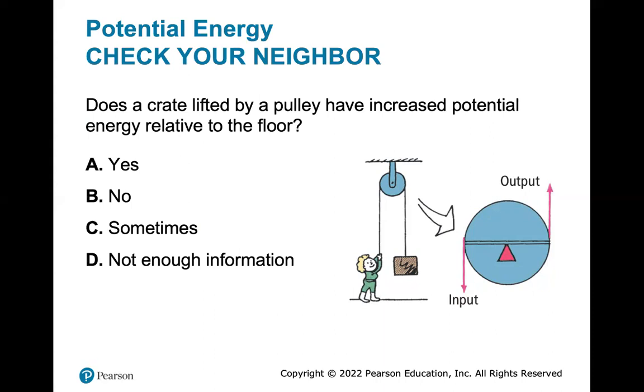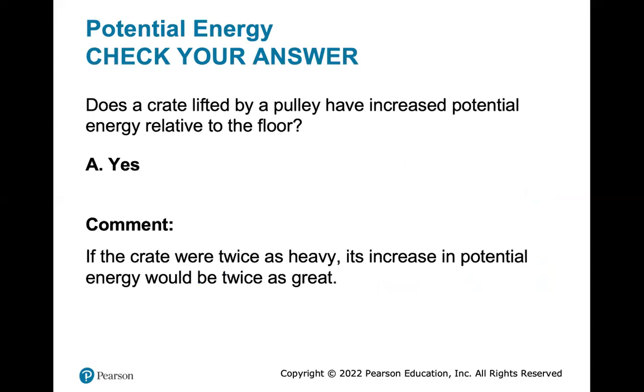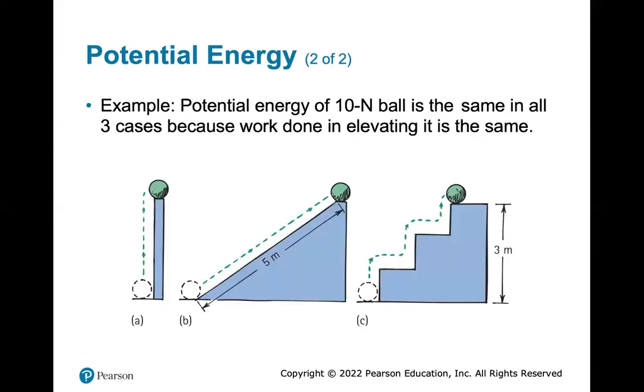So the answer is yes, when you lift a crate above the floor, it does have potential energy. If the crate were twice as heavy, its increase in potential energy would be twice as great. If the mass is doubled, then mg is doubled, and so mgh is doubled if you keep the height the same.